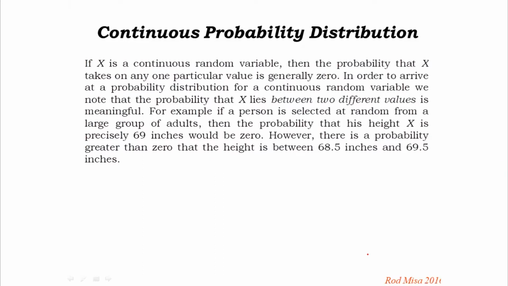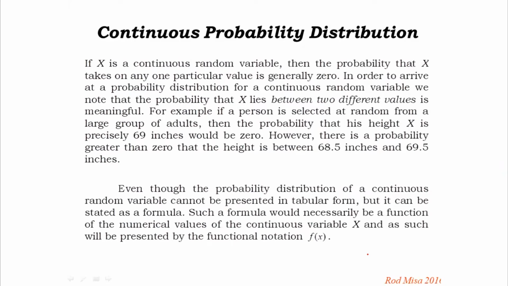However, there is a probability greater than zero that the height of this person is between 68.5 inches and 69.5 inches. In simple words, we can obtain a probability for the continuous random variable when our random variable is given in an interval. But there is no probability for just one specific value of the continuous random variable.